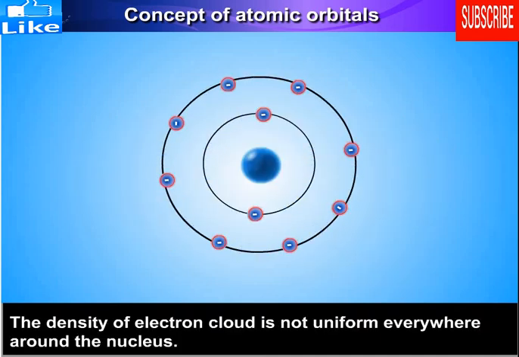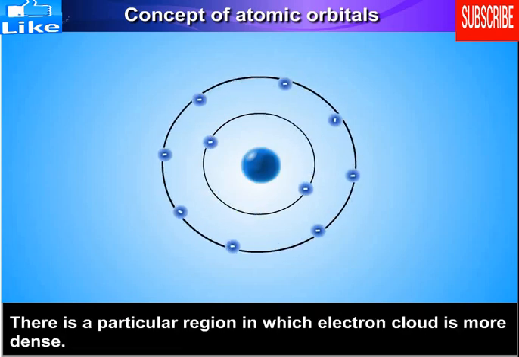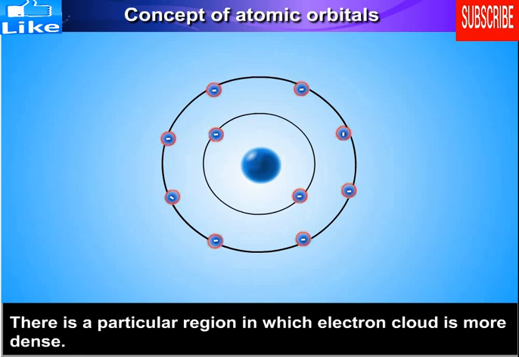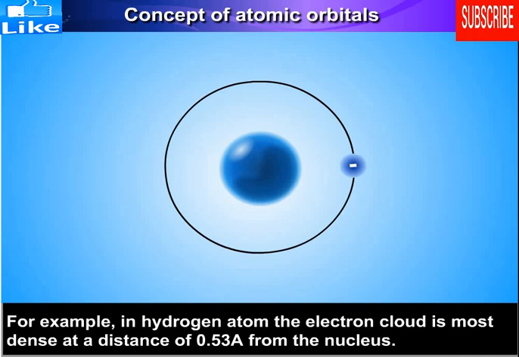The density of electron cloud is not uniform everywhere around the nucleus. There is a particular region in which electron cloud is more dense. For example, in hydrogen atom, the electron cloud is most dense at a distance of 0.53 angstrom from the nucleus.